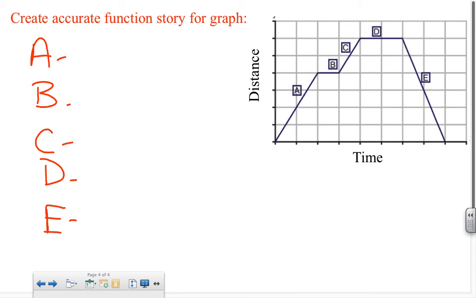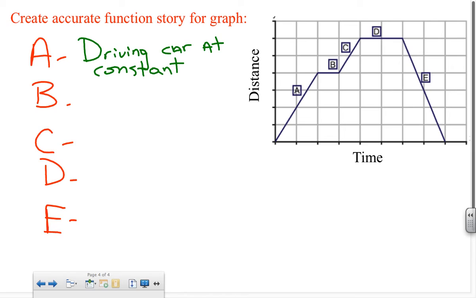Okay, so in this case, I'm going to say this person is traveling to the library, let's say. So A represents this person driving their car at a constant speed. Now in B, we have a horizontal line, meaning distance doesn't change.